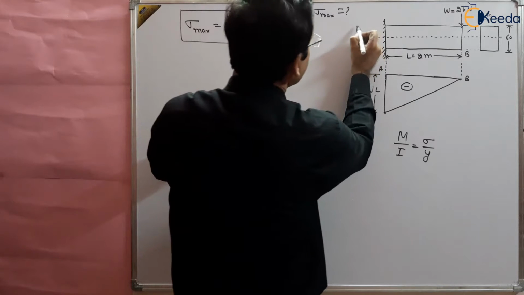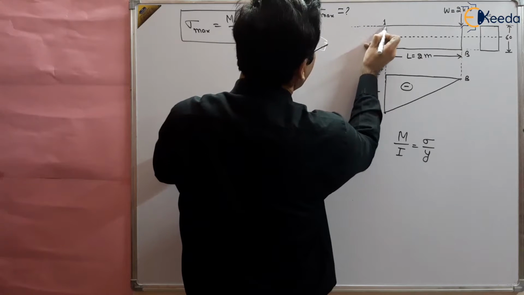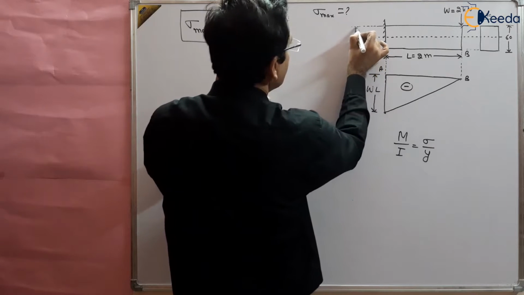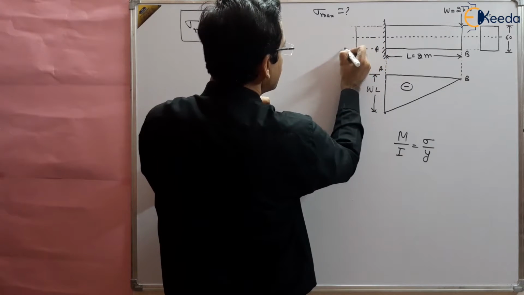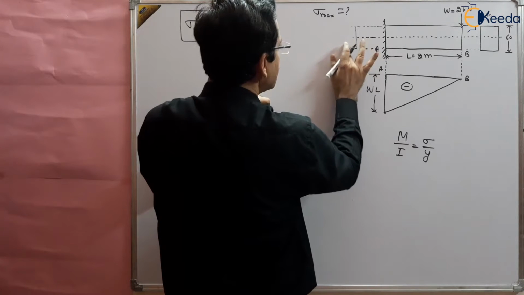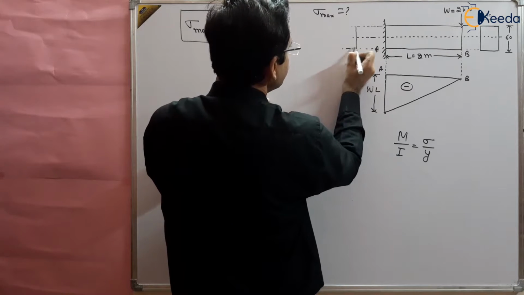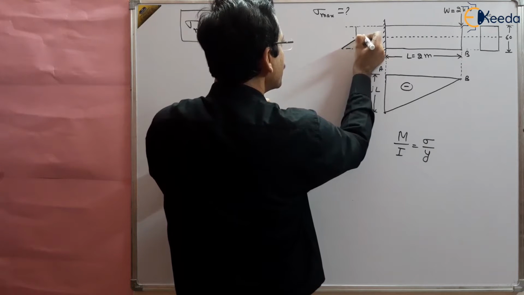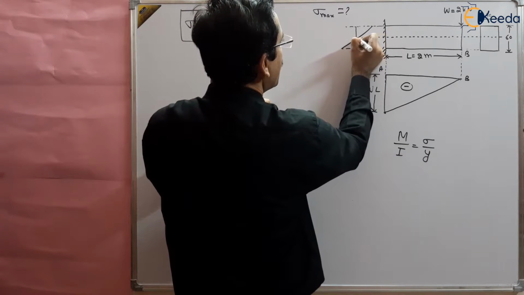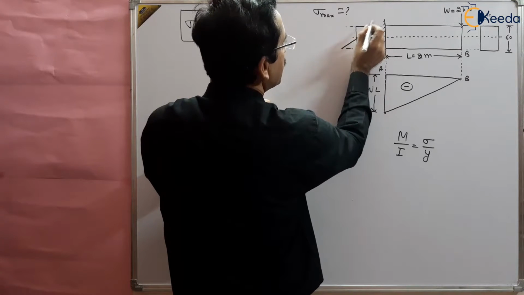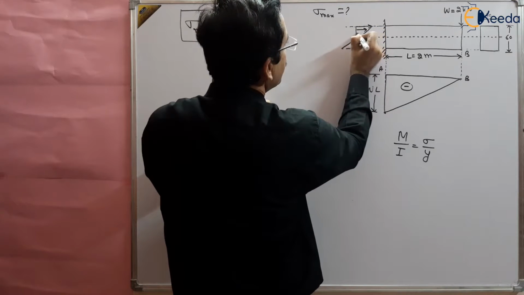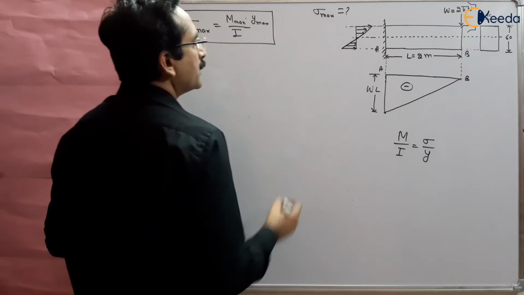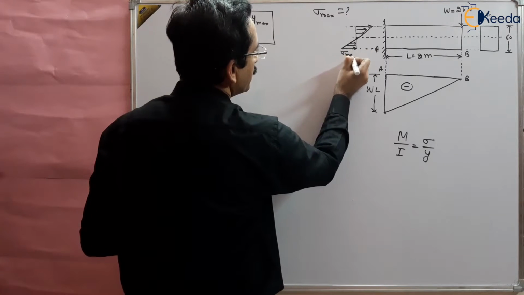And you will get the maximum stress at the outer fiber. So this is the stress condition, like this. You will get maximum stress at the outer fiber, like this, right? This is sigma max.